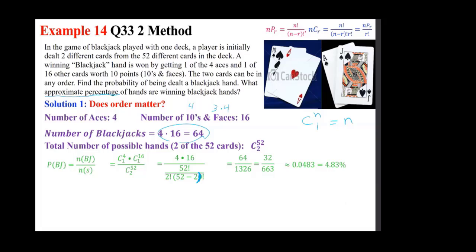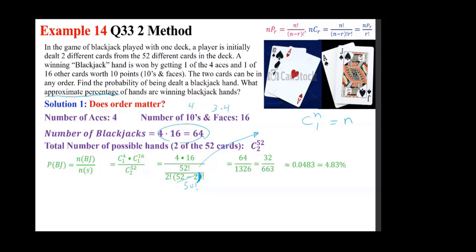Now, before we move on, I want to show you how to simplify this fraction if you want to do this. First and foremost, the bottom is 52 factorial over 2 factorial times 50 factorial. You can bring the 2 factorial and the 50 factorial to the top. This is a complex fraction.